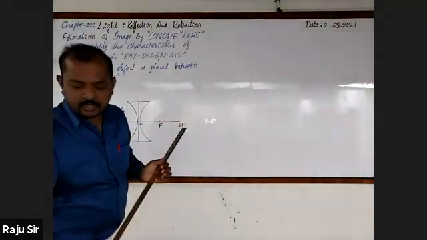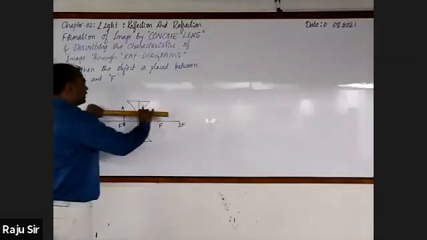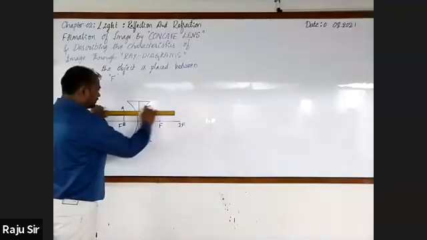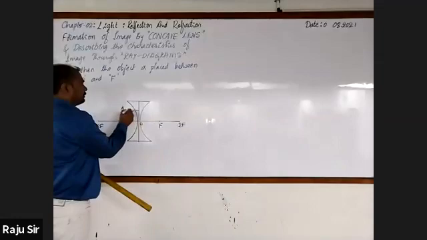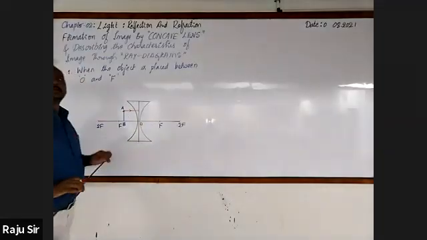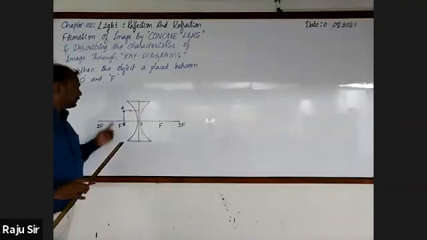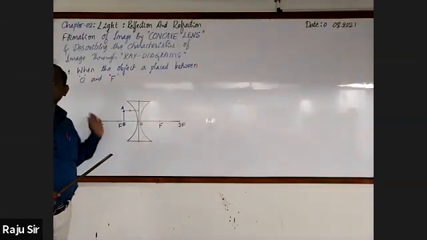What is the first ray? Yes, the parallel ray. A ray of light coming from the object is incident on the lens parallel to the principal axis. What happens? It appears to diverge from the focus on the same side of the object.